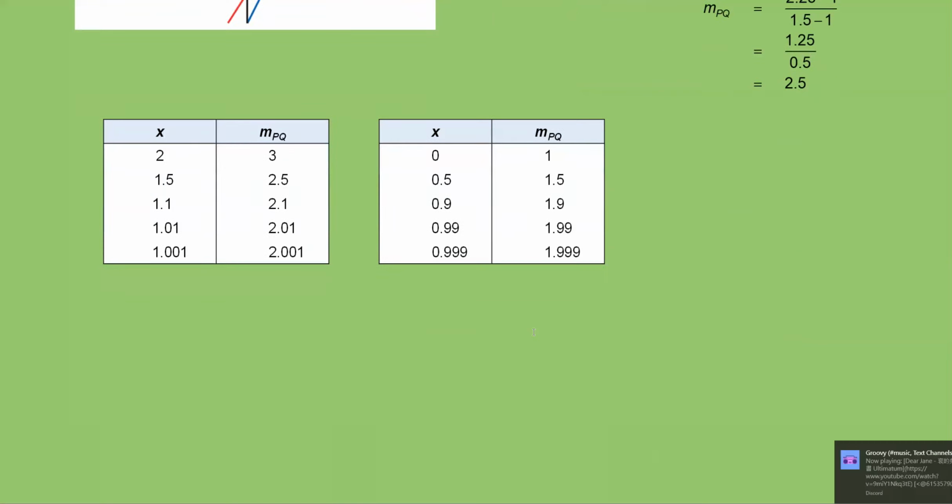But let's be even more dramatic. I want to pick, so point P, that's the point we want to focus on, the tangent line going through this point. Let's pick another point. Let's say Q is 1.000001. And when we square that, let's see what we have.